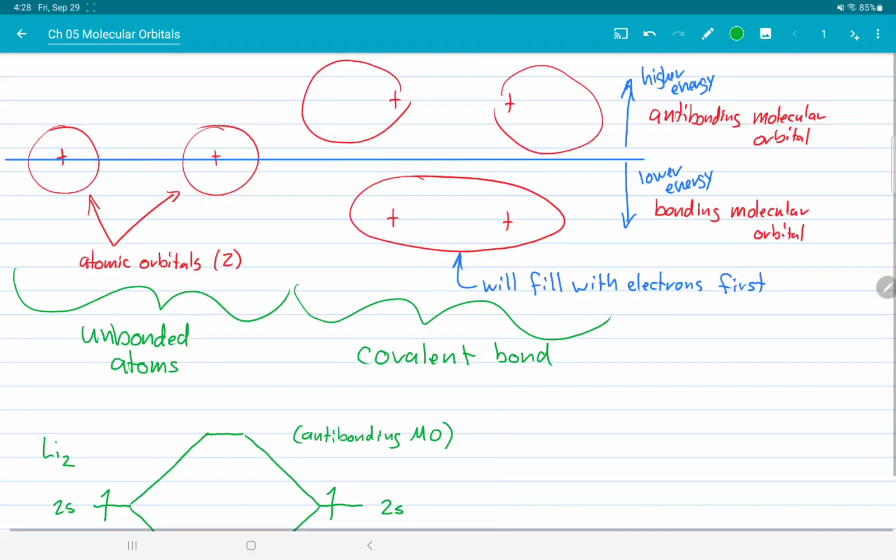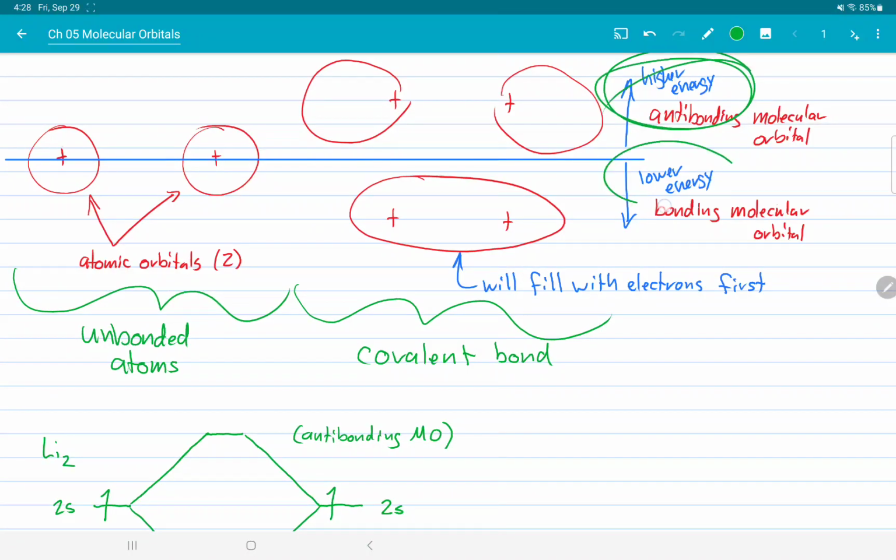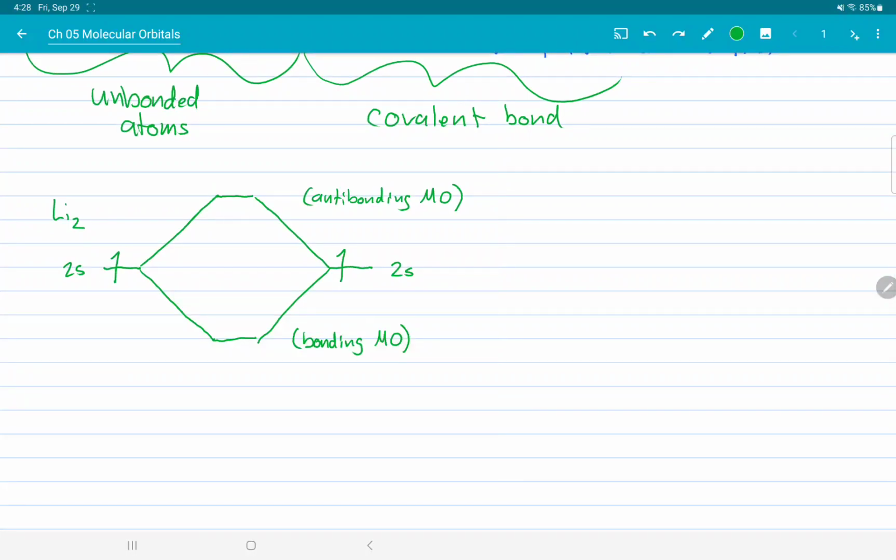So just like we had up here, higher energy, lower energy, we have the higher energy molecular orbital, this is the anti-bonding one, and the lower energy molecular orbital is the bonding one.